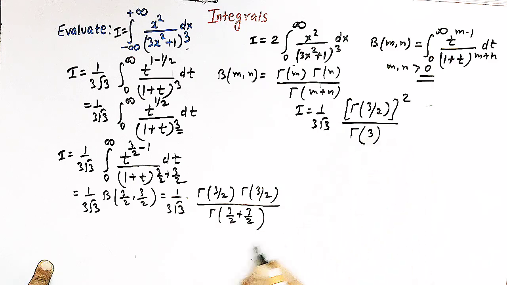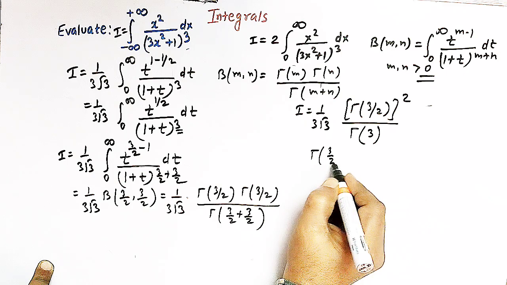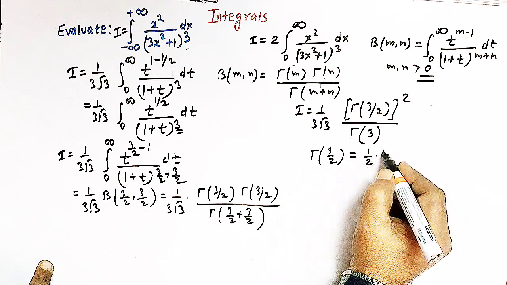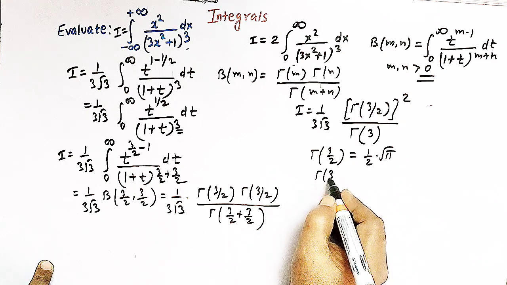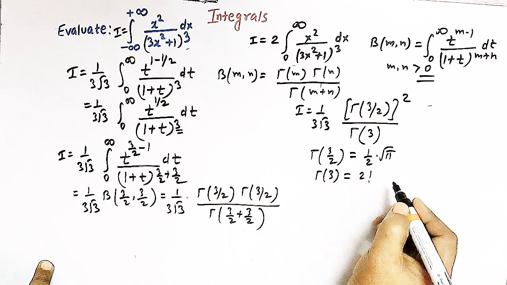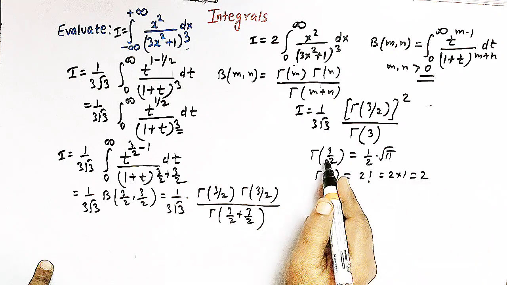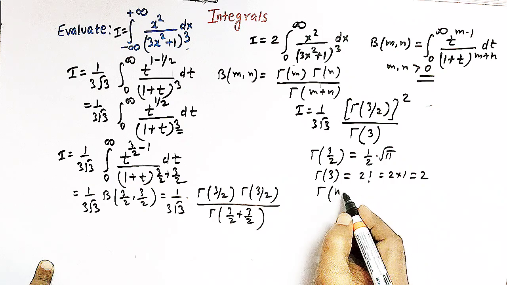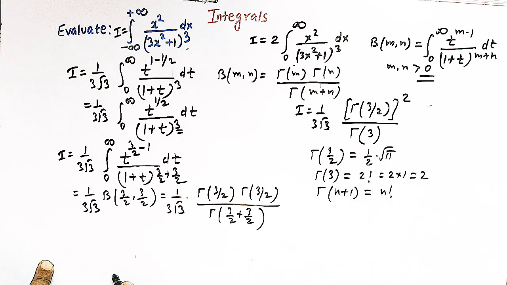Now gamma 3 by 2 is equal to half times square root of pi, right? And gamma 3 can be written as 2 factorial, that is 2 times 1 is equal to 2. So here we have used this result, that is gamma n plus 1 is equal to n factorial, right?